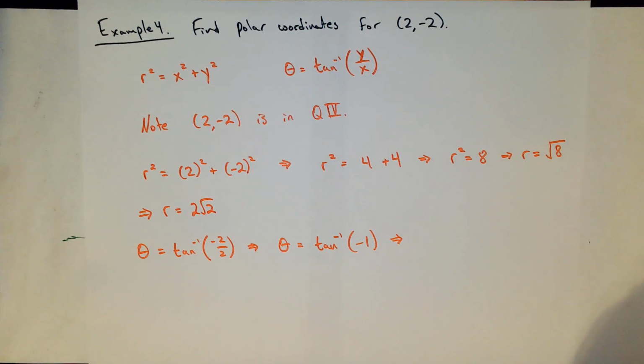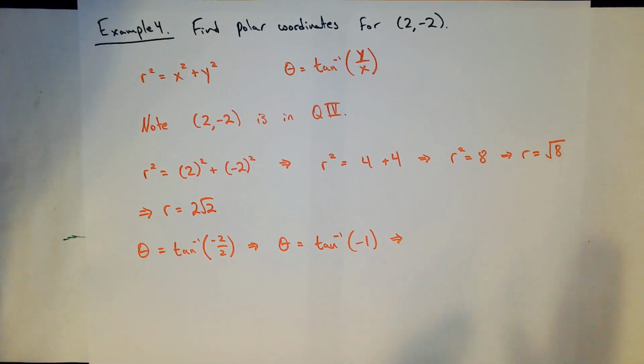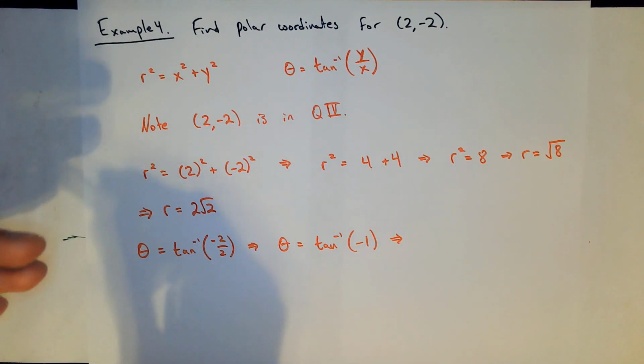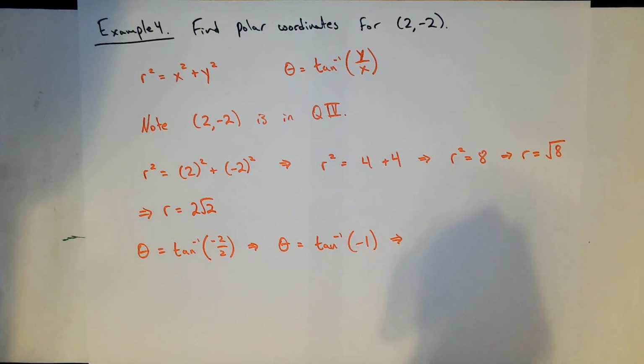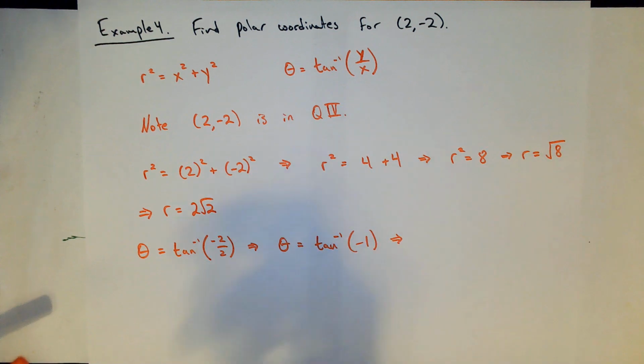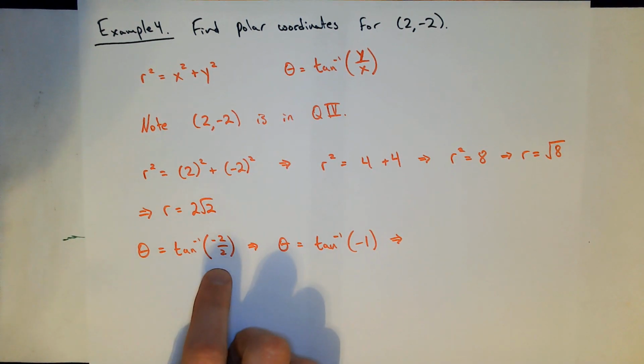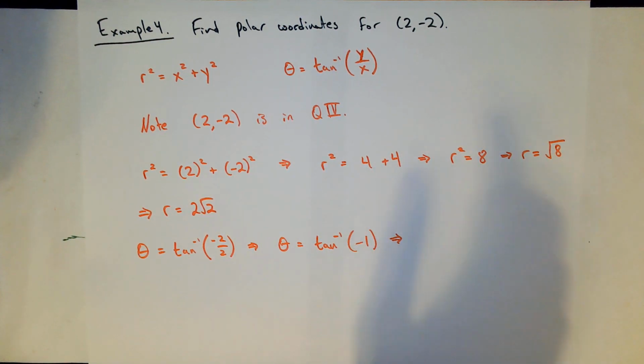Now, when you get to this point, you still have to answer the question, what kind of angle gives me this tangent inverse of -1? Well, I know that tangent represents the y over x values, right? So if I'm looking at the unit circle, I'm looking for coordinate points that are the same, except one of them is negative. Why do I say that? Well, because when you stack them on each other, you get a 1, so they must be the same.